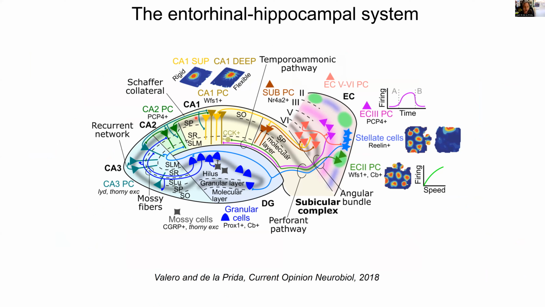And also we were intrigued by how this CA2 region is connected with the deep and superficial pyramidal cells in CA1, and how the different events that are generated in hippocampus emerge according to the activity of these different cellular populations. So the point was trying to understand CA2.